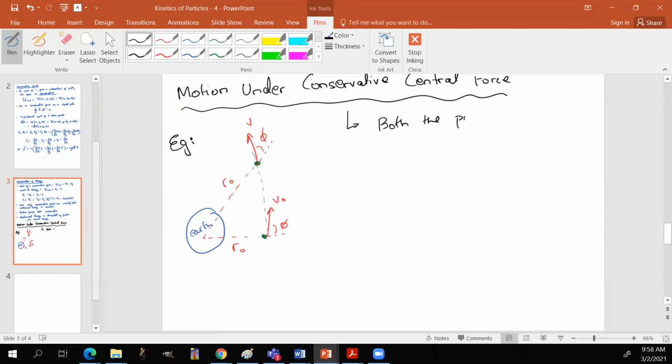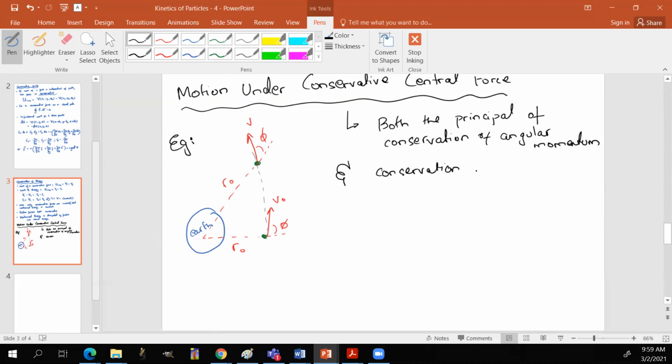what you have is both the principle of conservation of angular momentum and the conservation of energy.